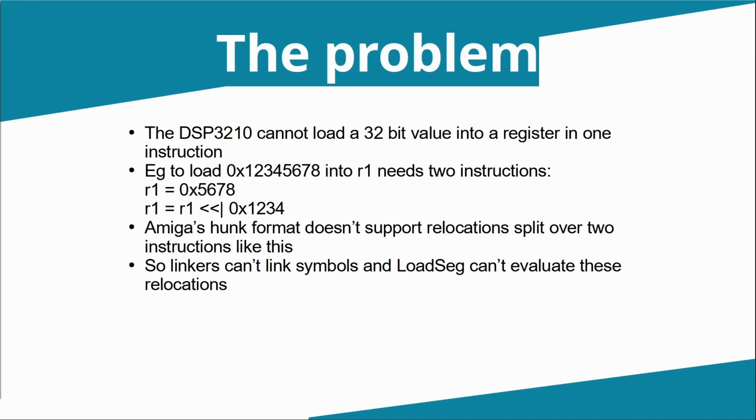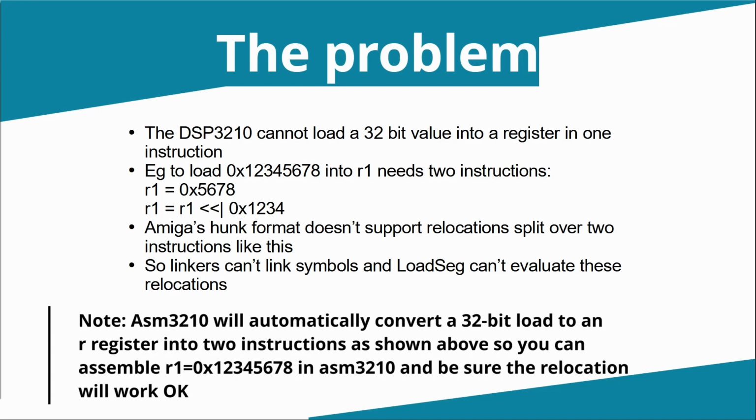So the top line loads the lowest 16 bits, and then the second line does a shift OR. That's what that double angles and the bar means, a shifted OR in, and then it ORs in the top 16 bits to give us the full 32.